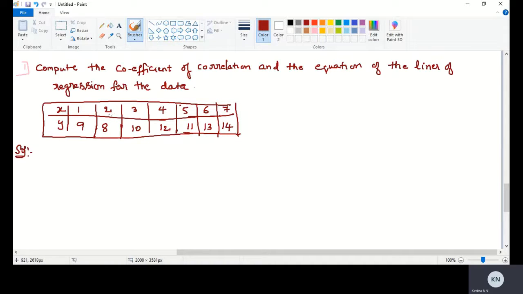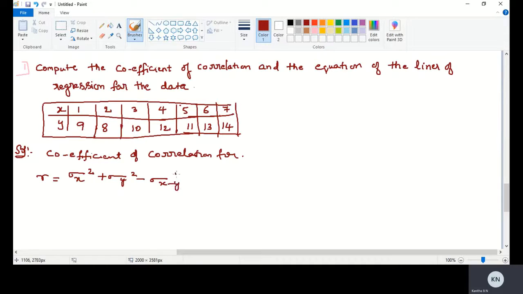In this problem, we need to find the coefficient of correlation. The formula is r is equal to sigma x square plus sigma y square minus sigma z square, whole divided by 2 into sigma x into sigma y.